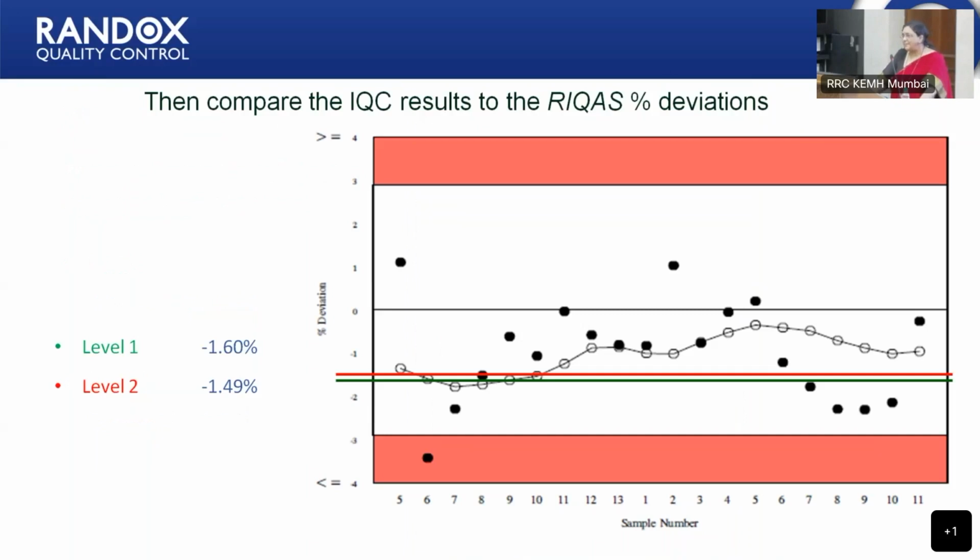When we compared this percentage deviation with the EQA graph, we could identify that the EQA is also showing a similar percentage deviation of approximately minus 1.5%, which is an average of level 1 and level 2. So their IQC was already indicating that there is a small bias, although it may not be clinically significant, and the same was reflected in the EQA.